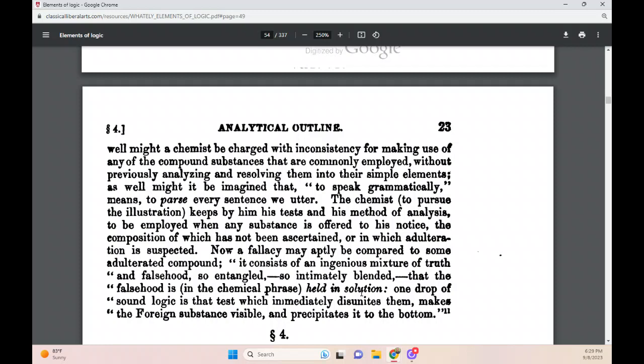Now this is chemical language, so you may not be comfortable with this, but I'll make it simpler for you. It's simply as if we're sold something and we're told that it contains a certain product, but really it's got stuff mixed in with it.